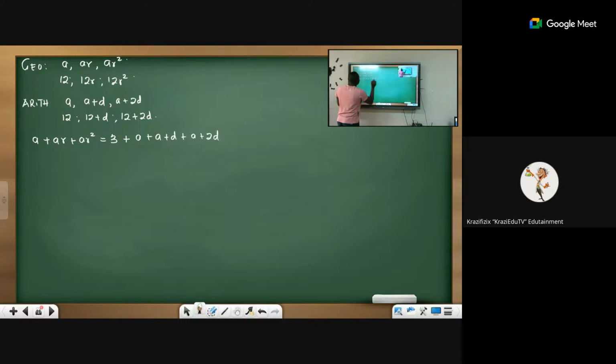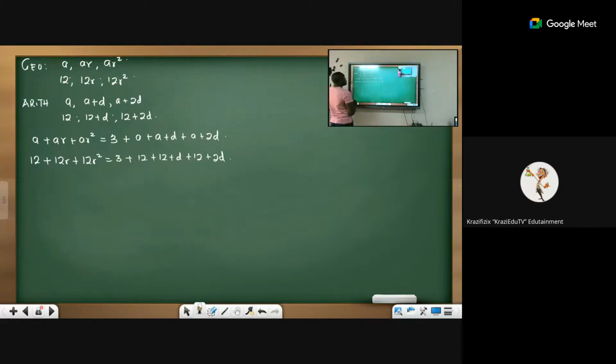Okay, let's interpret: 12 plus 12R plus 12R squared equals 3 plus 12 plus 12 plus D. Once I've done this, all right, so this is an equation, but we're told that the first two are equal.